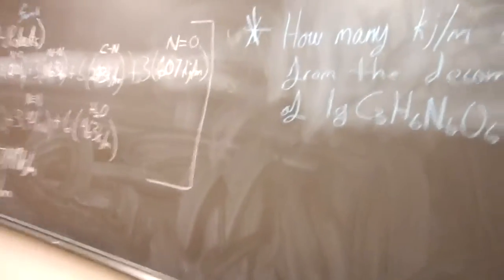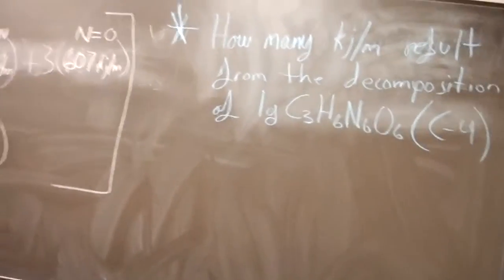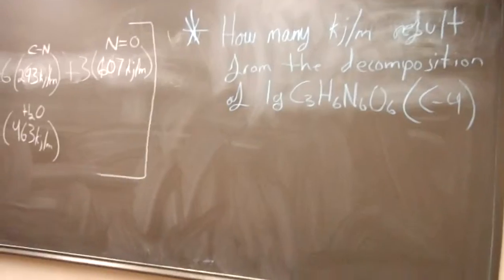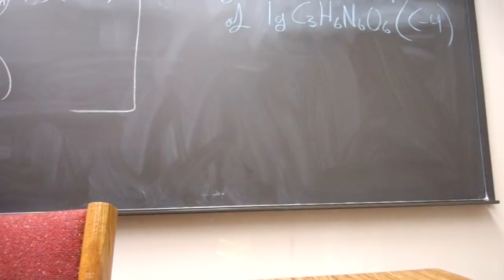So as I said earlier, how many kilojoules per mole will result from the decomposition of 1 gram of C4? So first of all, we need to convert our grams to moles.